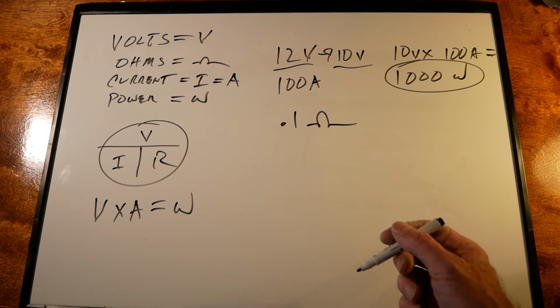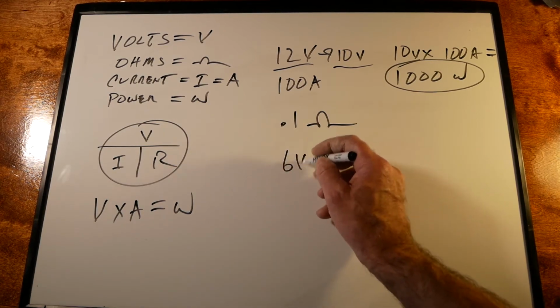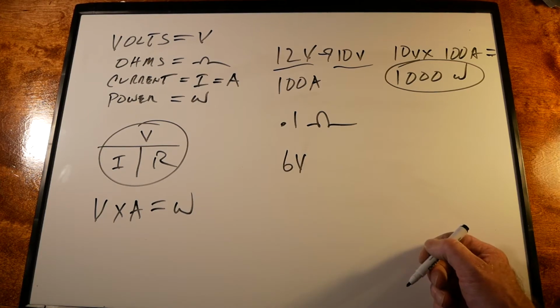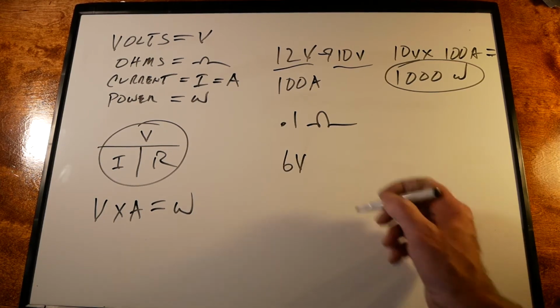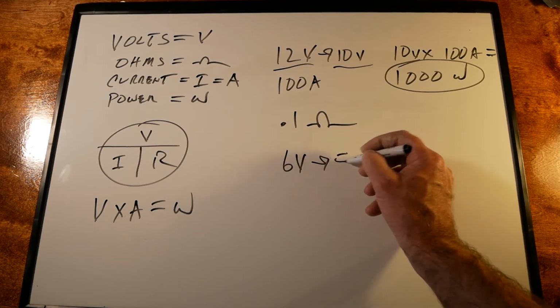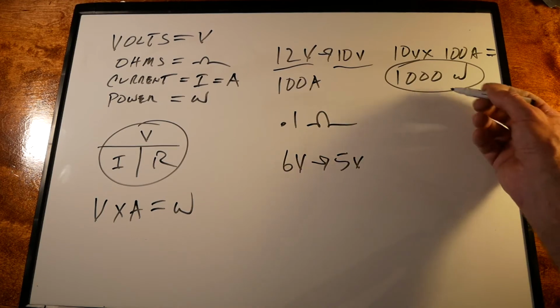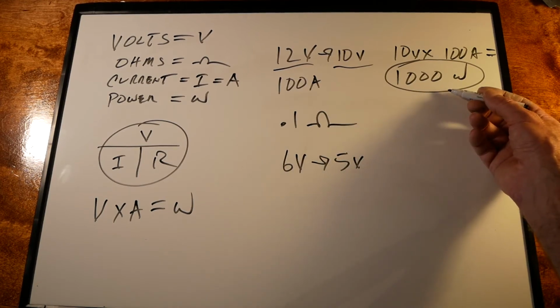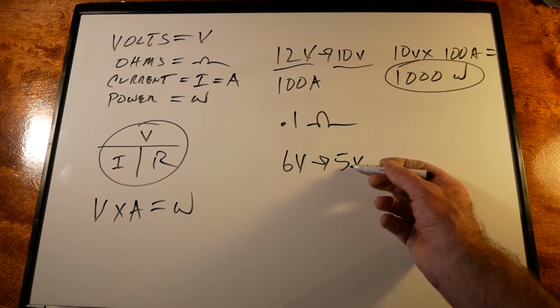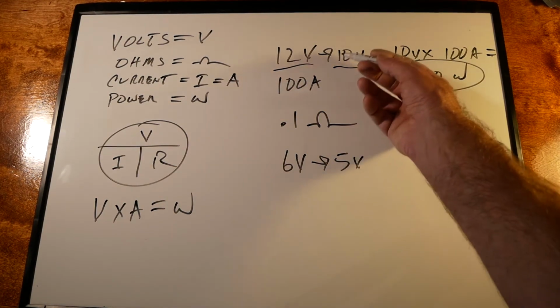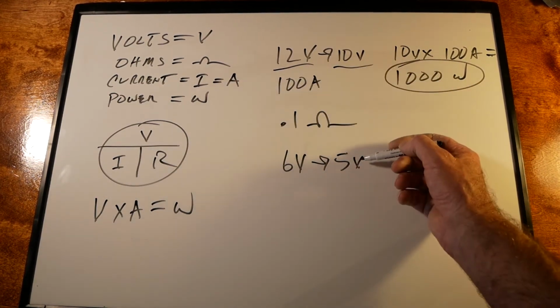So now let's deal with a 6 volt system. And in this case, when we hit the key in a 6 volt system, it will once again pull down a little bit, probably something around 5 volts. So in order to equal this 1,000 watts, how much current do we need? If we're dealing with 5 volts, everything remained the same except our voltage divided by 2.